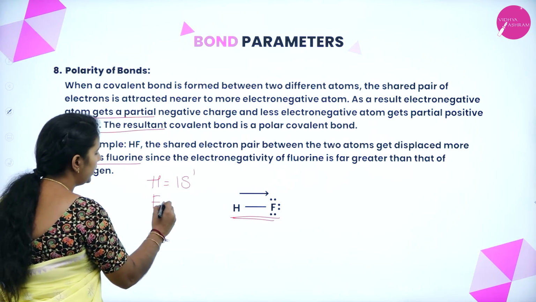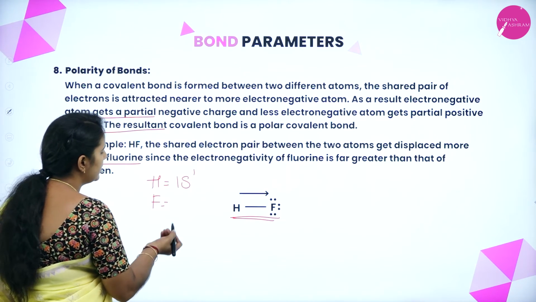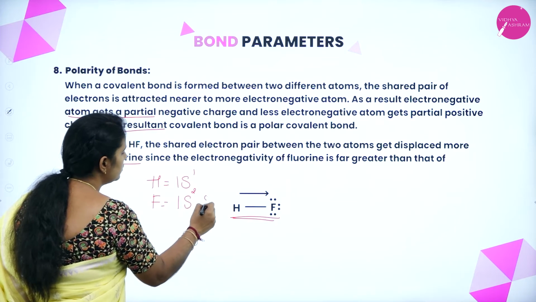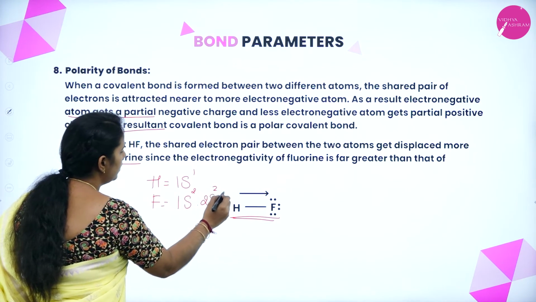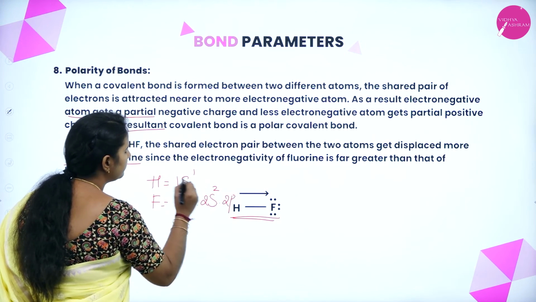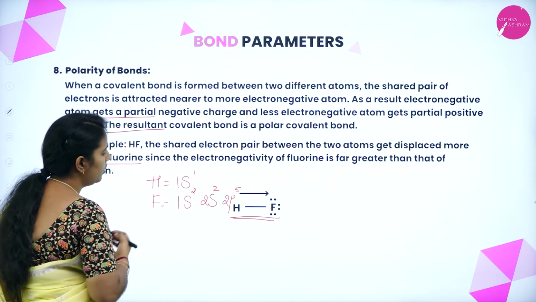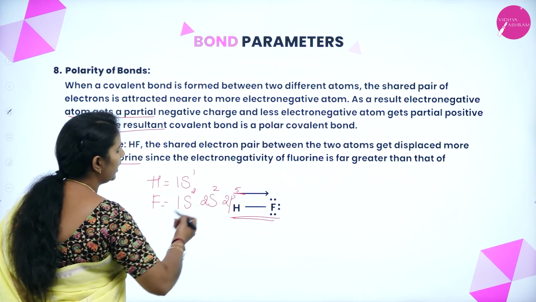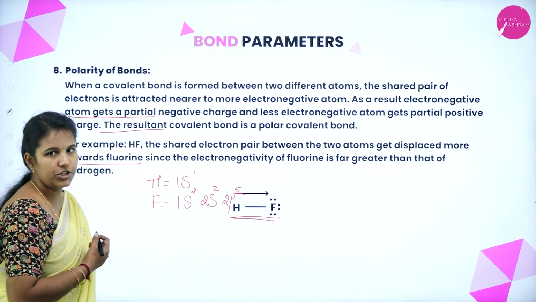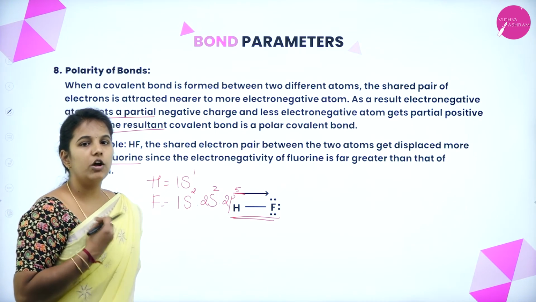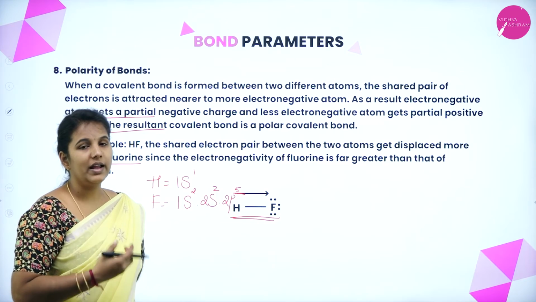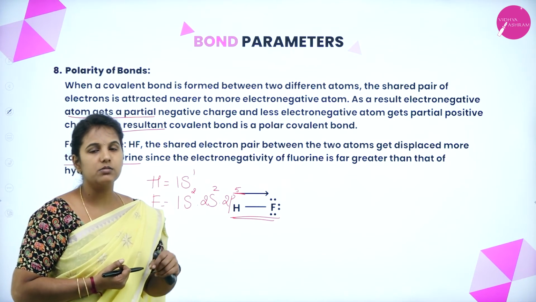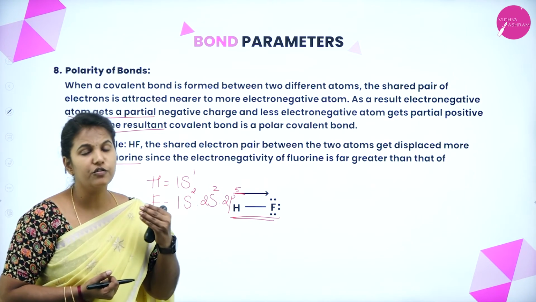Fluorine has the electronic configuration 1s2, 2s2, 2p5. Is it right? So there are 7 electrons in its outermost shell, so it requires one more electron. That is why it shares one electron from the hydrogen atom and forms the H-F bond.